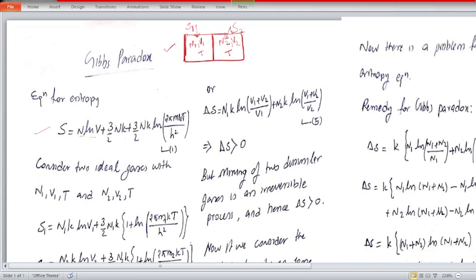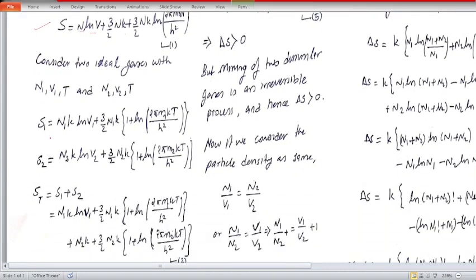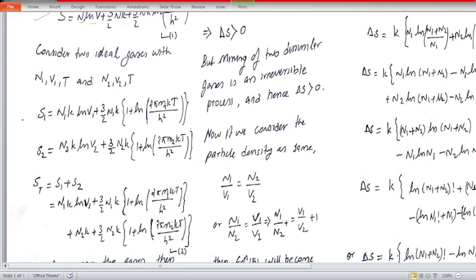Then we can write S1 equal to N1k ln V1, because N1 particles are there.